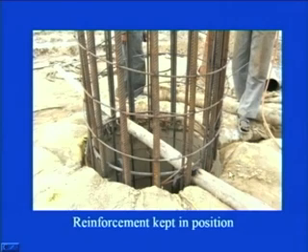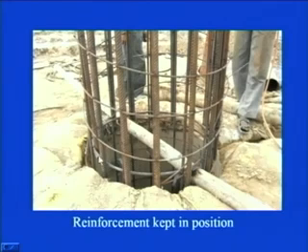Then, as I told you, in one go you cannot lower this reinforcement. So to keep this reinforcement cage in position, what kind of arrangement do they usually go for at site? It is like a bamboo, a slab kind of thing. They place it on this borehole, and you can see they have made it rest with the help of this lateral reinforcement.